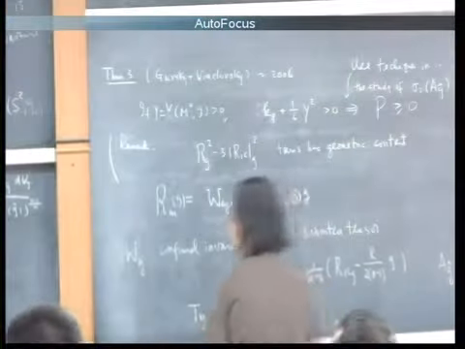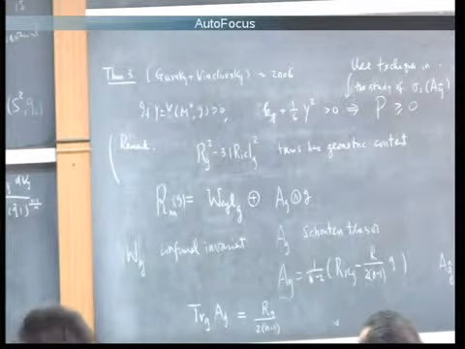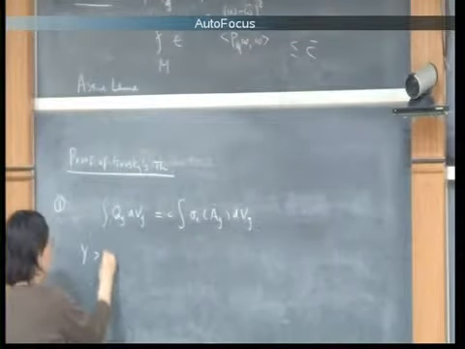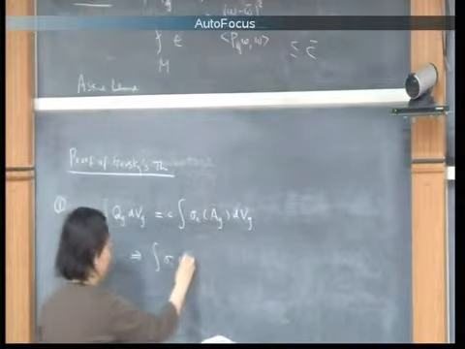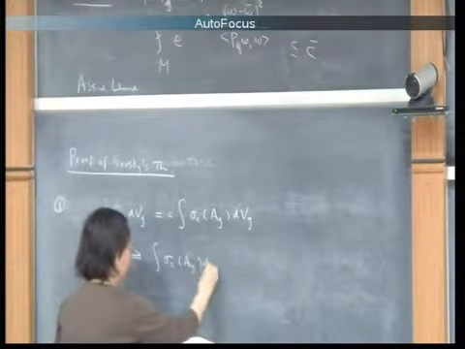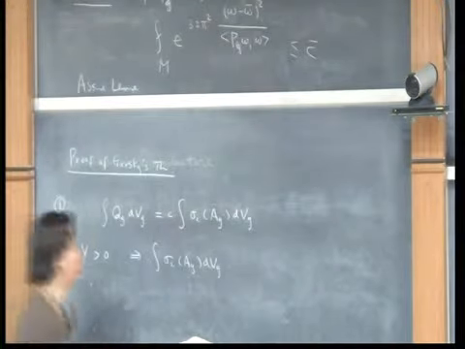So this is sigma 2 of A_g dV_g. Our assertion is that if the Yamabe constant is positive, then the integral of sigma 2 of A_g dV_g, this quadratic part, has a bound. Okay? Now how to see that?